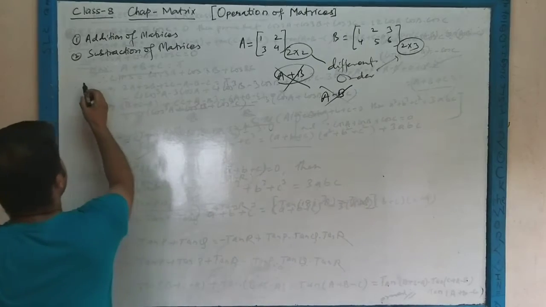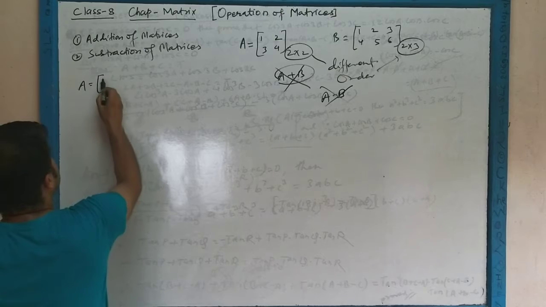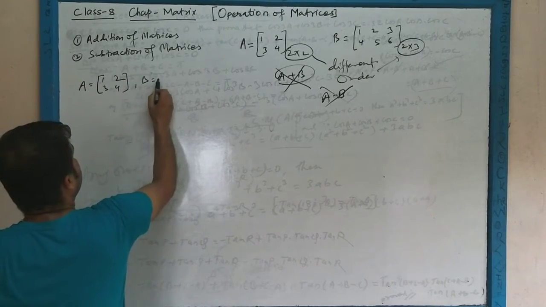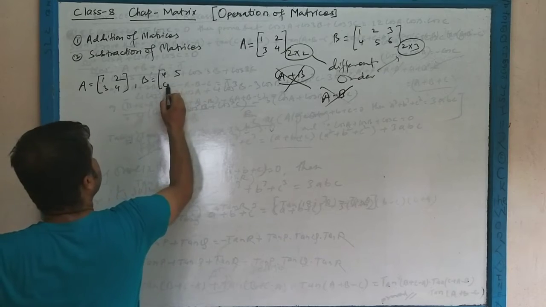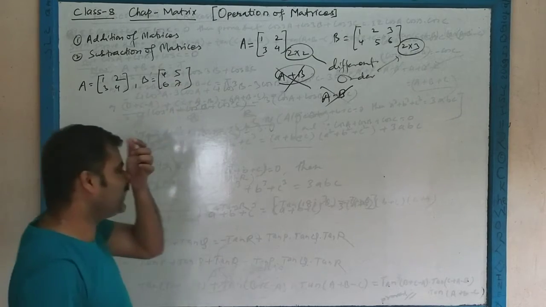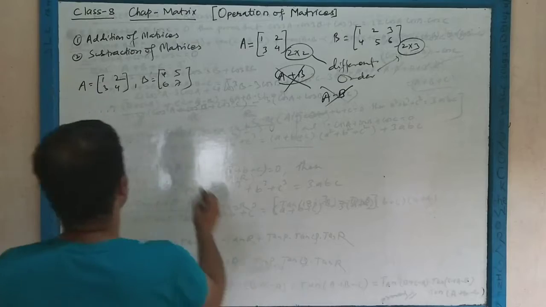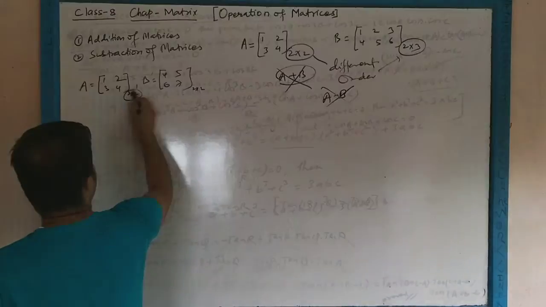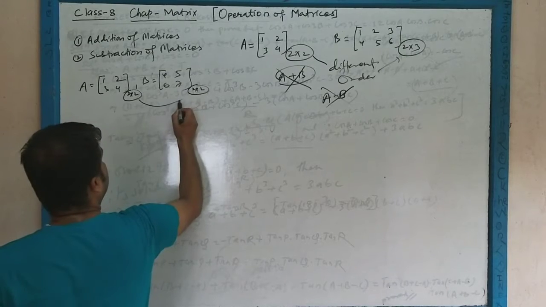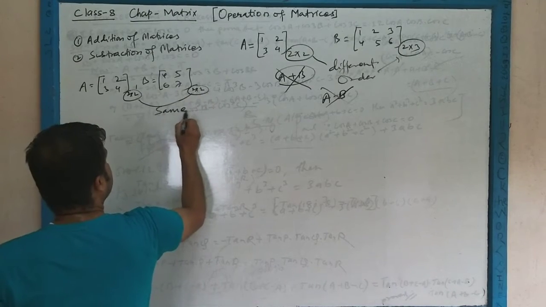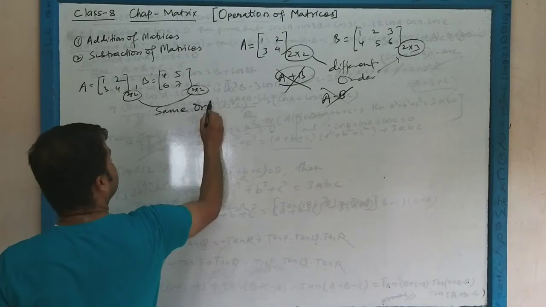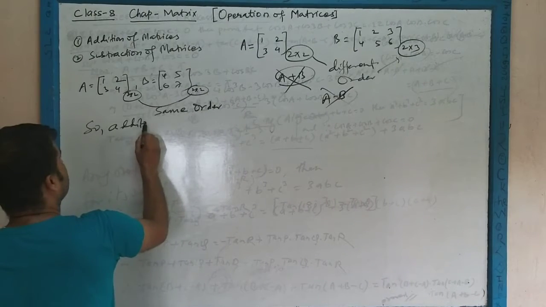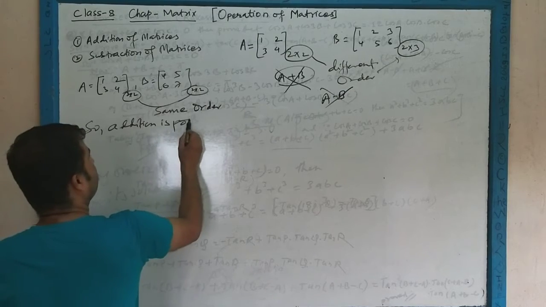Let's take an example. A is equal to 1, 2, 3, 4, and if I take a matrix B equal to 4, 5, 6, 7, can we add these? Yes. This is of order 2 by 2 and this is of order 2 by 2. Same order, so addition is possible.